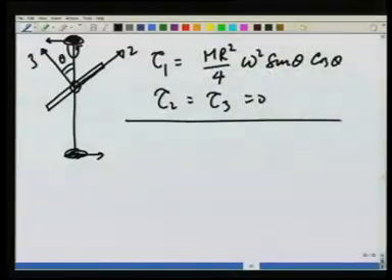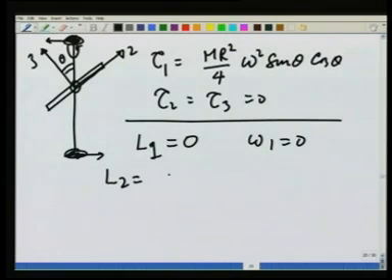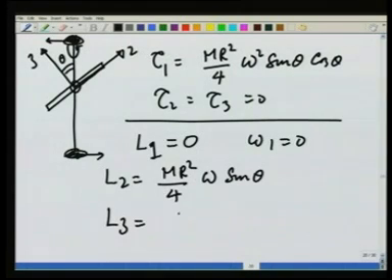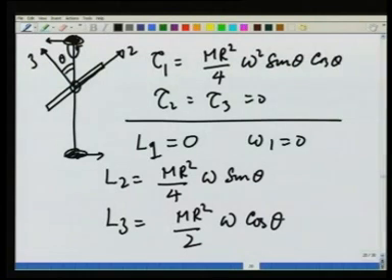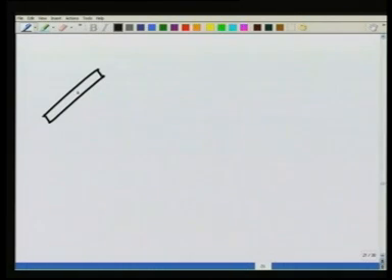Let us look at the same thing again by taking the horizontal component of the angular momentum. The angular momentum is going to have no component in direction 1 because omega 1 is 0. L2 is going to be mr square over 4 times omega sine theta, and L3 is going to be mr square by 2 omega cosine theta. Let me make it again.